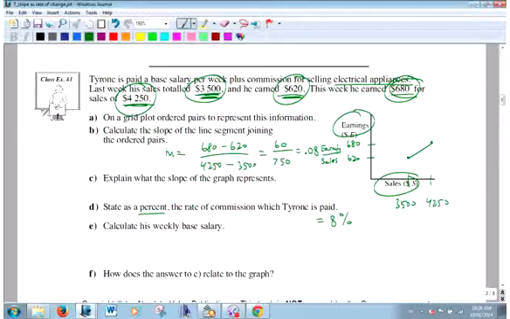He's going to want to sell a lot of toasters, like 1 million toasters a month. He would be rich. They don't have 1 million in stock, though, unfortunately. Okay? That's what the slope means. It's his, what's the wording? Well, he earns 8 cents for every dollar of sales.